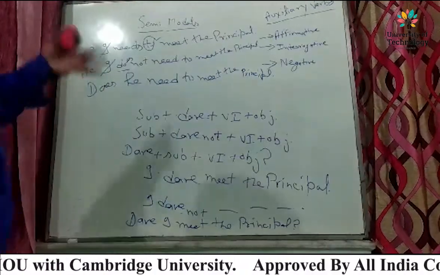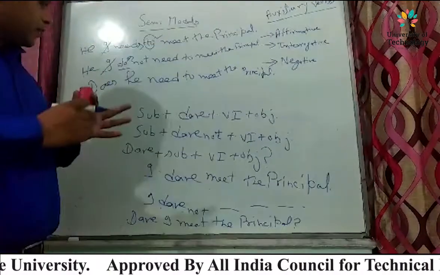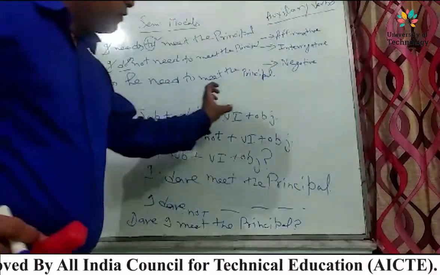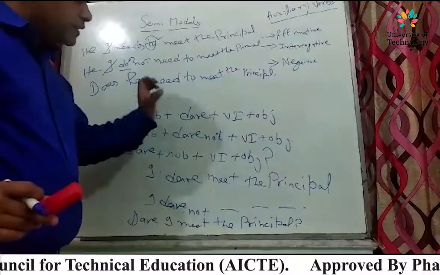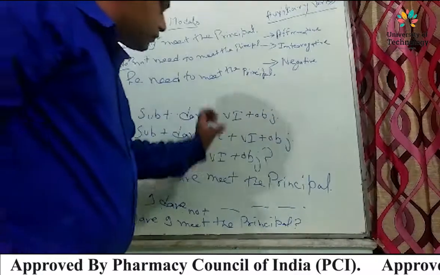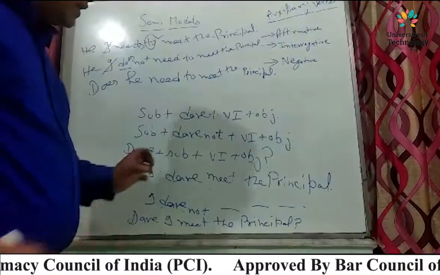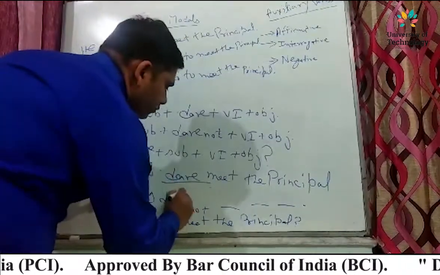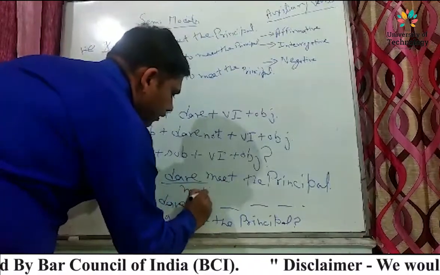Okay, like need: subject plus dare plus verb first form plus object, subject plus dare not plus verb first form plus object, dare plus subject plus verb first form plus object. I dare meet the principal. Here dare is working as a modal.